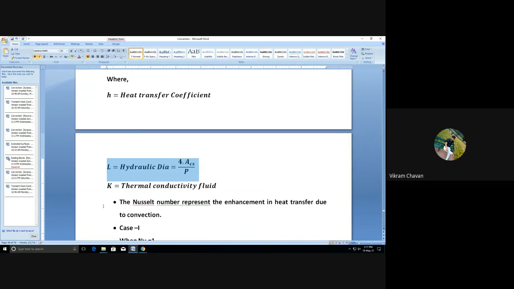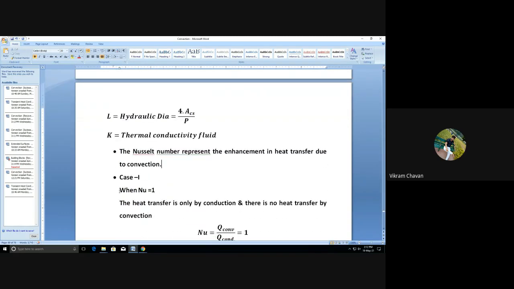The Nusselt number represents the enhancement in heat transfer due to convection. What does this mean? It represents how much increment has come in heat transfer due to convection. So the Nusselt number represents the enhancement in heat transfer due to convection. We will see one by one what the Nusselt number signifies.